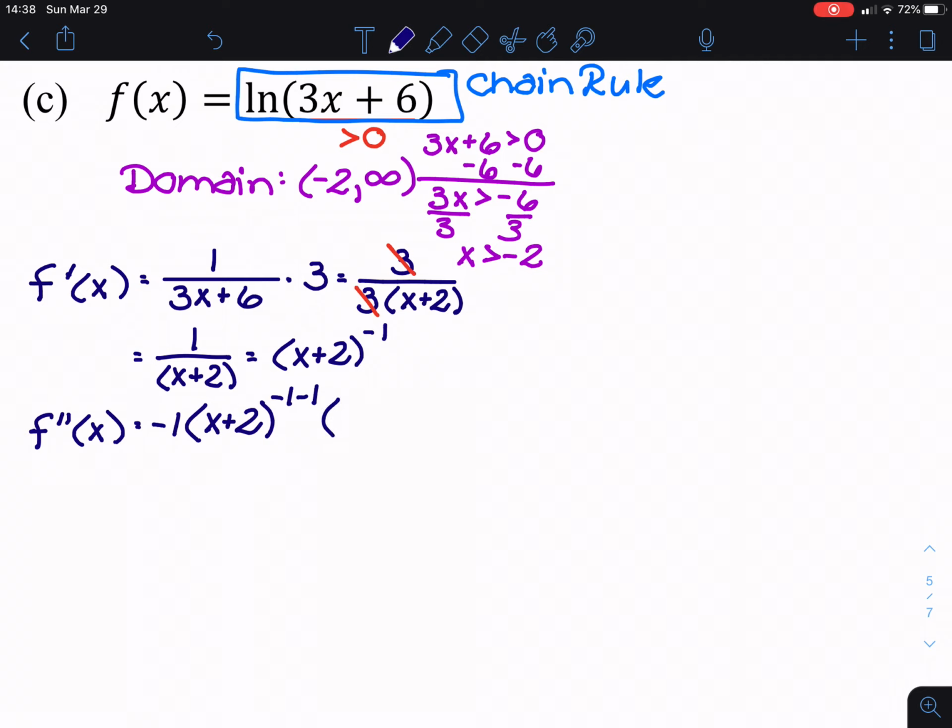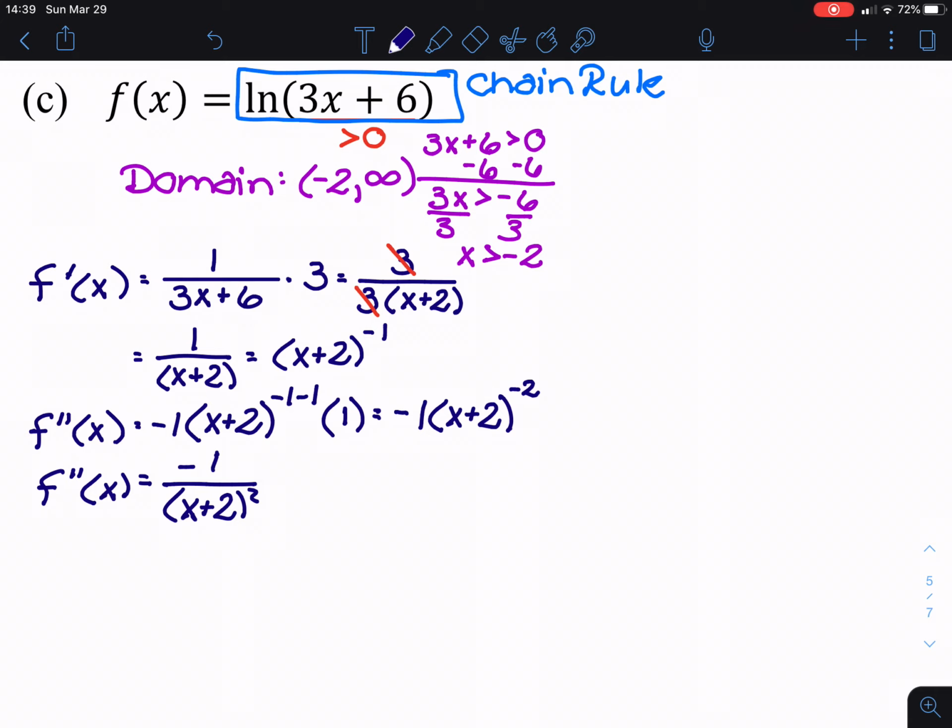Well, the derivative of x plus 2 is just 1. So this turns out to be -1 times x plus 2 to the -2 power, which means that my second derivative is equal to -1 over x plus 2 squared. There we go. All right.